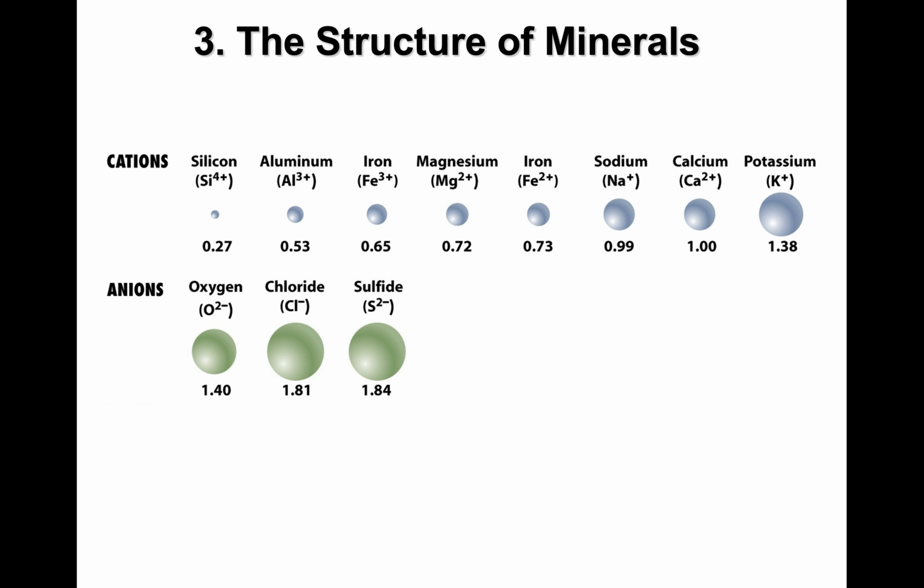Sodium is just one times positive charge. Then we have calcium with 2 times positive charge. And potassium forms a very big bubble, and that is also 1 time positive charged. Then we have the most important anions below. We have, of course, the oxygen, which is 2 times negative, the chloride 1 time negative, and the sulfide also 2 times negative.